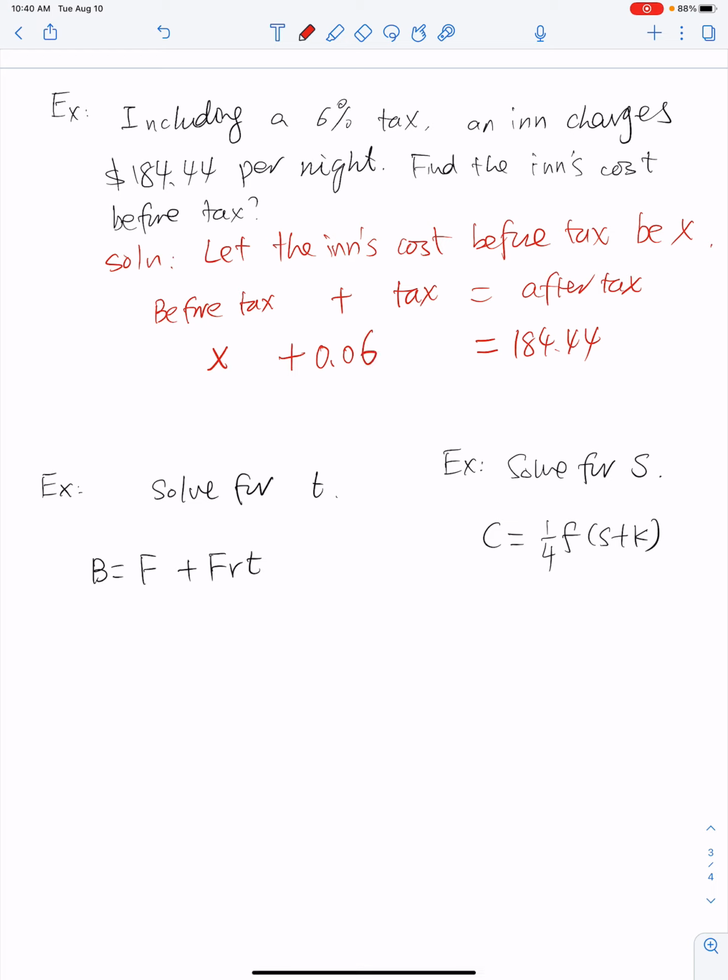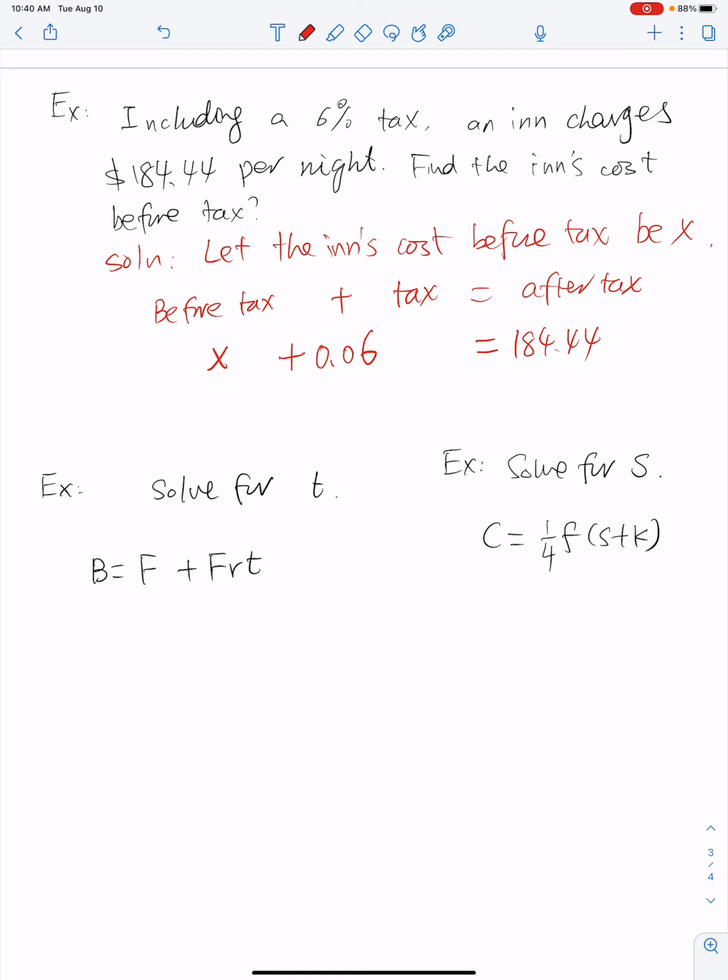Am I right? No, because the tax also depends on the price. When you go to Walmart, you buy something for $100 and pay tax, and you buy something for $1,000, do you pay the same amount of tax?